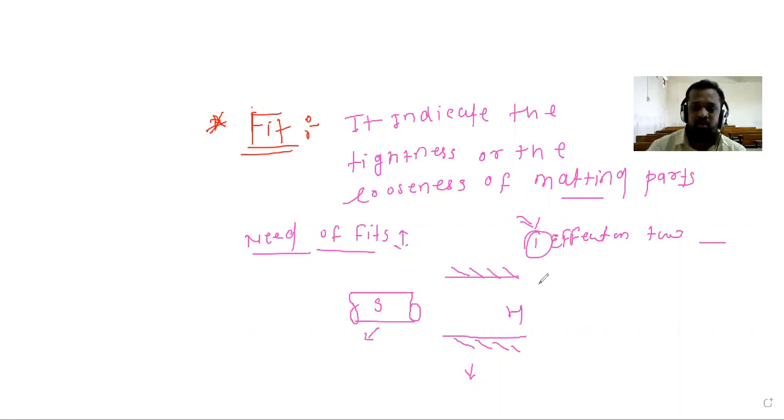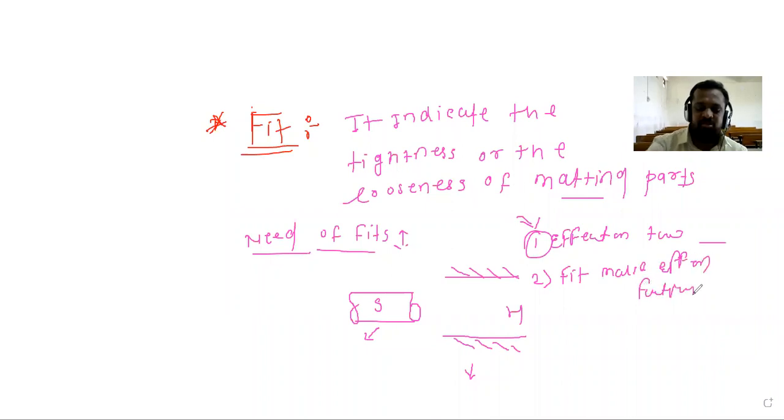Now see, what is the second need? Why should we know about the fit? Second, that fit will again make an effect on the function of parts. The fit also makes an effect on their function.